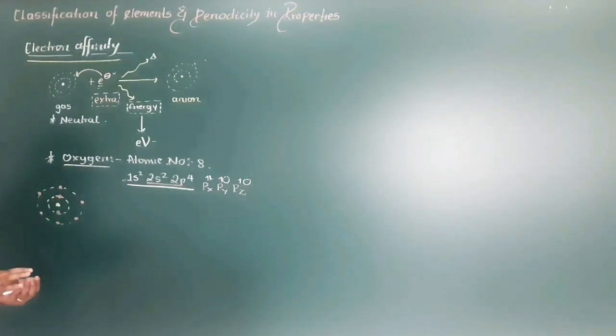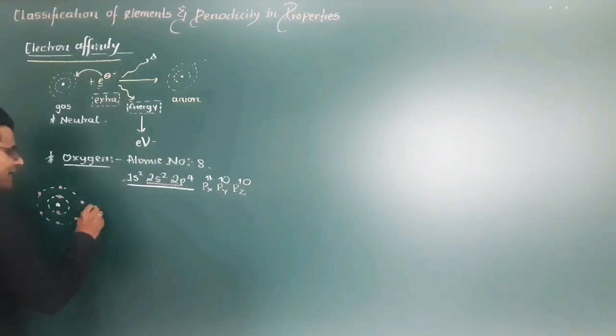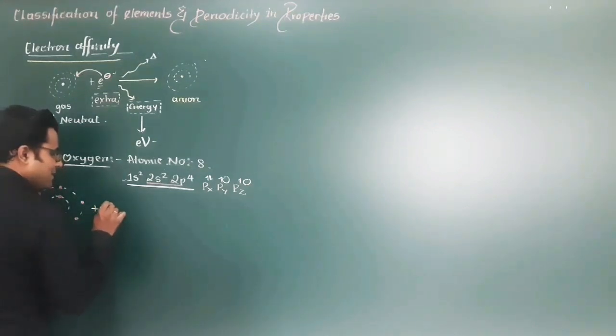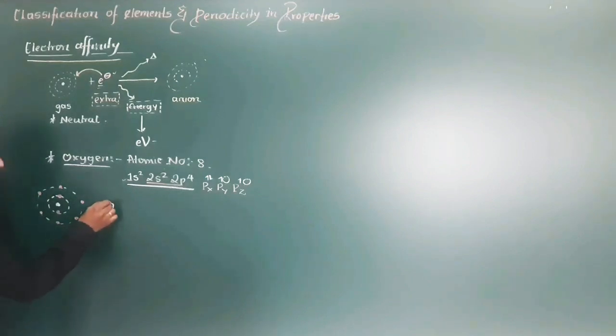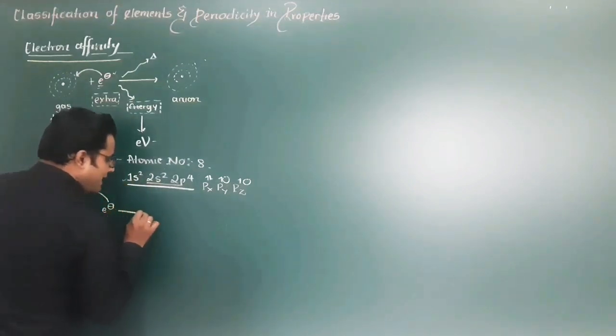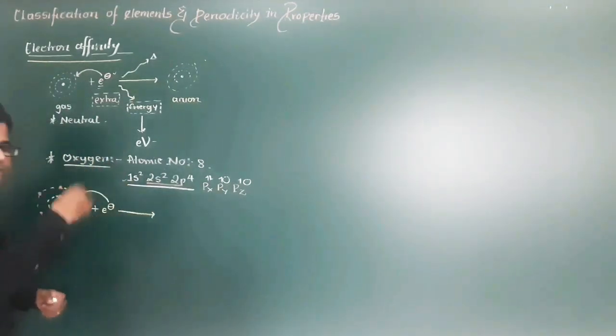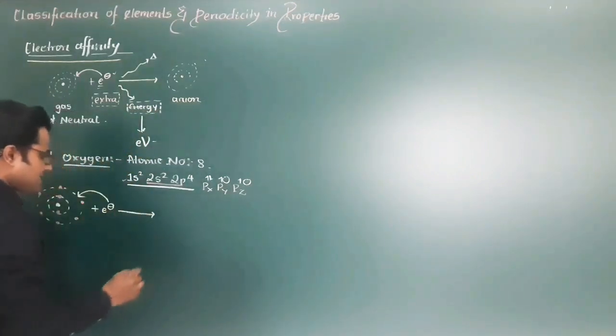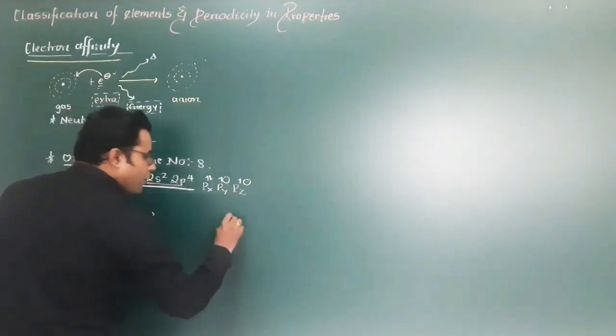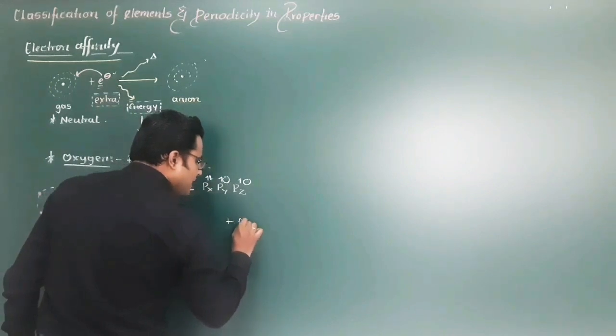Now, when we add an extra electron, the number of electrons in the system increases. As this increases, a certain amount of energy is going to be liberated.